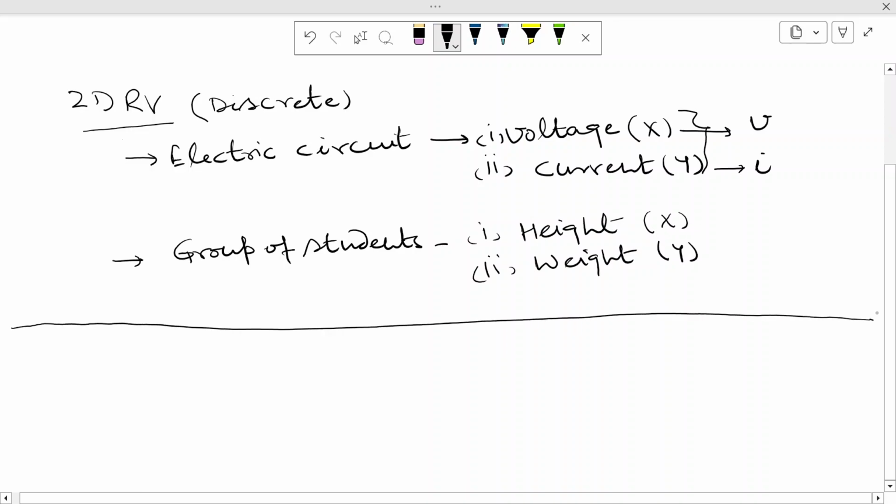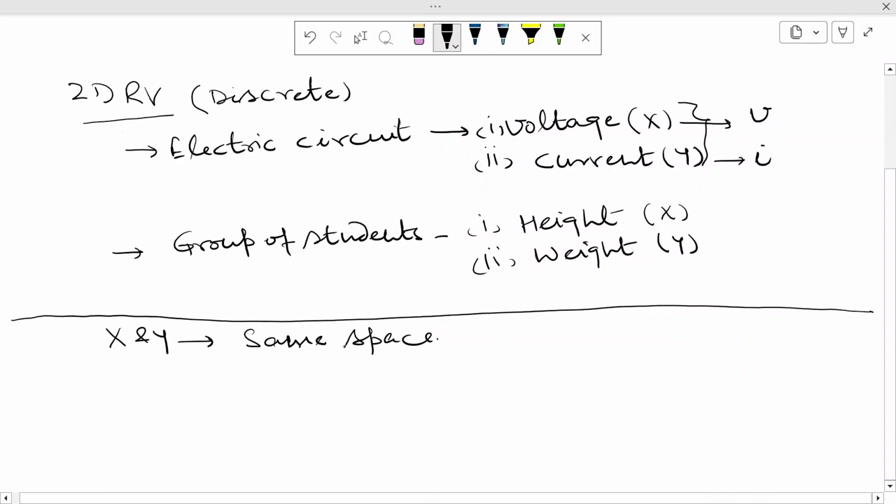Now, to define the concept of a two-dimensional random variable, the condition is that we have two random variables X and Y, and they should be defined on the same sample space.